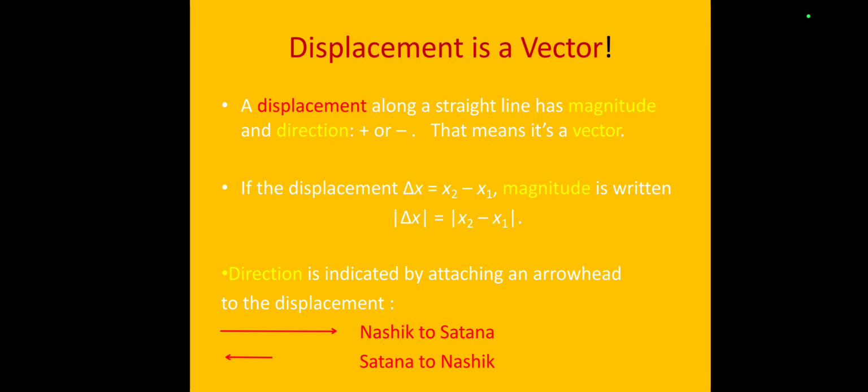So therefore we have taken mod. Direction is indicated by attaching an arrowhead to the displacement. For example, here we are giving arrows like the student travels from Nashik to Satana or comes back, that means traveling from Satana to Nashik.